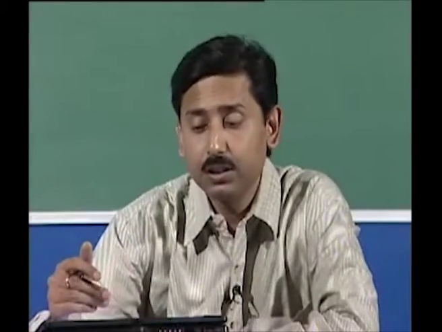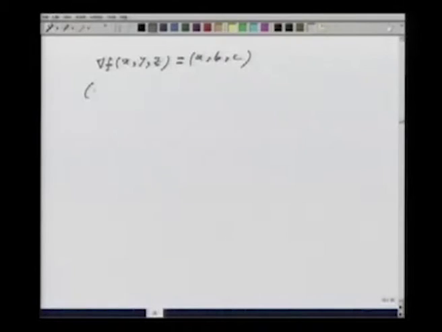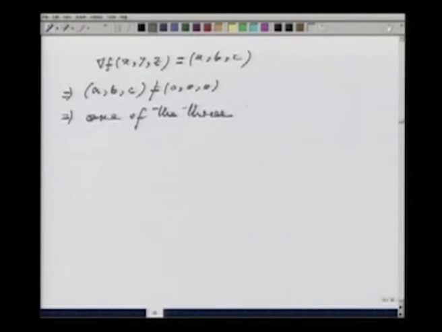So my definition demands that this gradient should be non-zero. That means I want (a, b, c) to be not equal to (0, 0, 0). This would imply that one of the three quantities a, b, c should be non-zero.